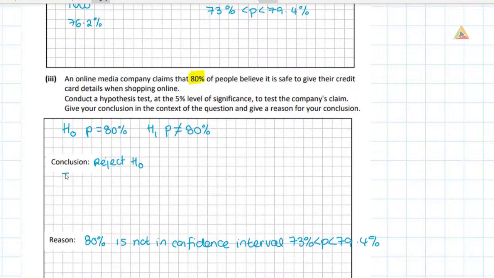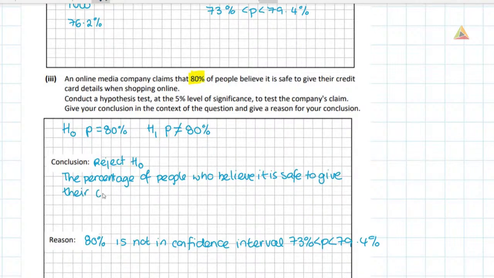So we're going to say the percentage of people who believe it is safe to give their credit card details when shopping online is not 80%.